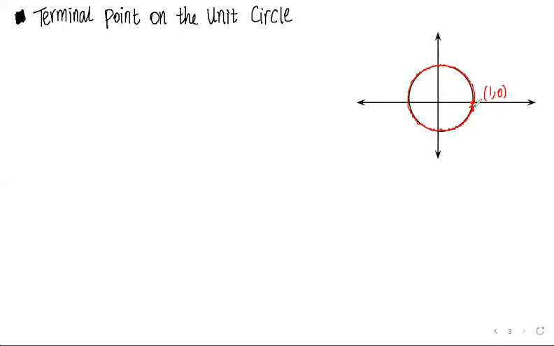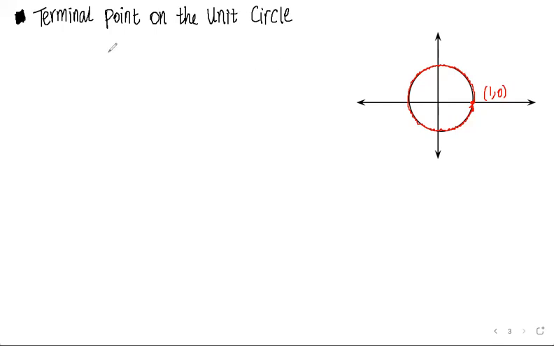Angel, he said 2 pi. This is true. This is right. So the distance, if I want to measure the distance for my unit circle, is 2 pi. How do we find it? By something called circumference.